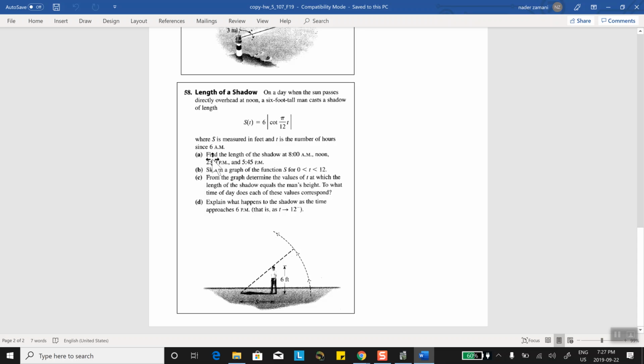Now, find the length of the shadow at 8 a.m., noon, 12 p.m. Okay, so 8 a.m., this T is the time. Let's see now. T is the number of hours since 6 a.m. So when we are talking about 8 a.m., this T is going to be 2.